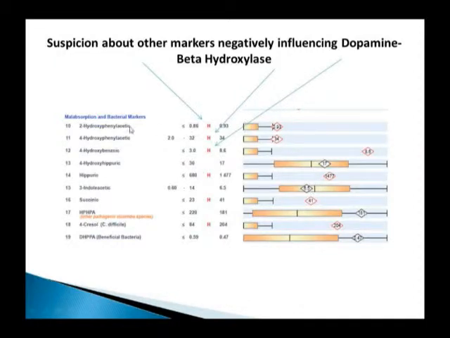Now, this has not been completely proven, but it is a suspicion that some of these other markers on the organic acid test, the hydroxyphenylacetic acid, the hydroxybenzoic, the hydroxyhippuric, it's felt because of their chemical similarity to all of these other chemicals that they might too inhibit that dopamine beta hydroxylase. Not 100% confirmed, but it's a possibility.